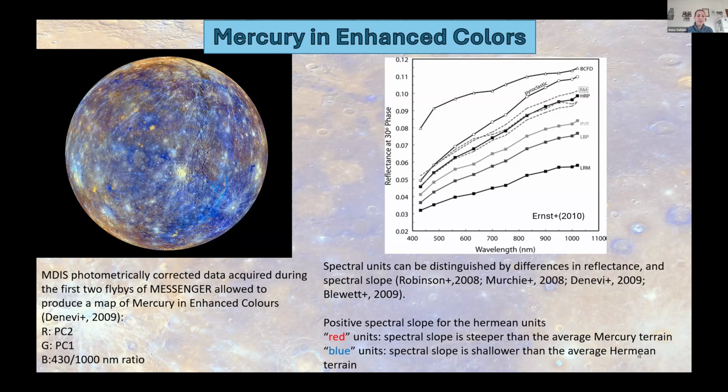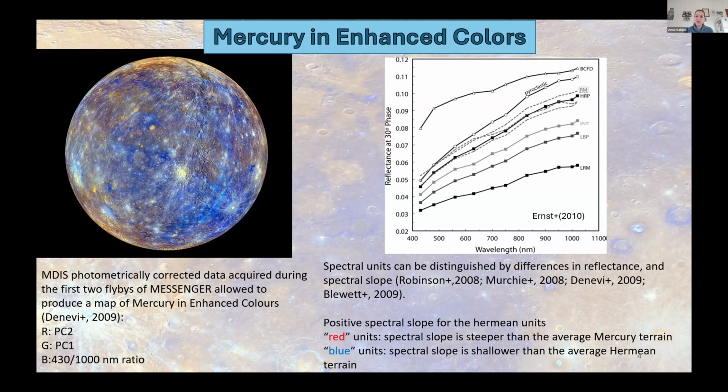The third channel that composes this image is, as said by Valentina, the ratio between the first and the last channel of the MDIS data, the ratio between 430 and 1,000 nanometers. So this map allowed us to identify several spectral units, which can be distinguished mainly by differences in reflectance and spectral slope, which are represented by the green and red channels respectively.